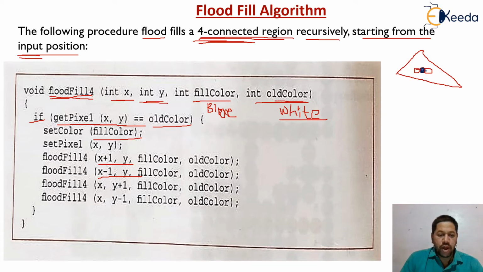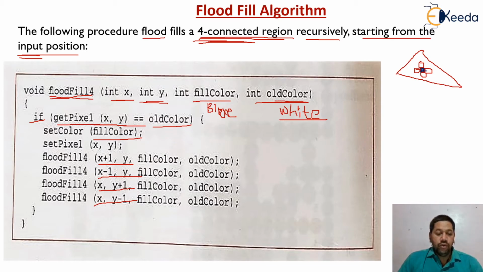Then x comma y plus 1, and my fourth neighbor is x comma y minus 1. So I am going to consider all four connected pixels.